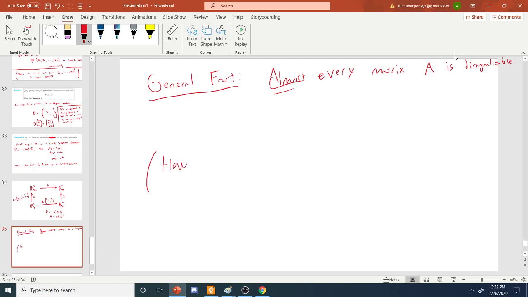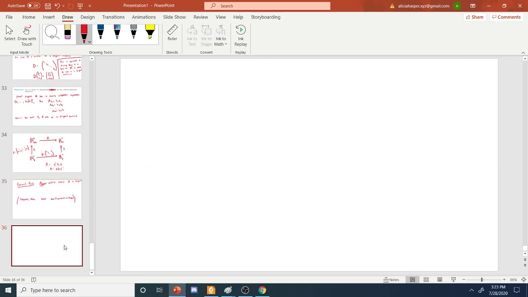So I guess I'll say this very explicitly. However, there exist non-diagonalizable matrices. Let me give you an example of something that's not diagonalizable. Suppose we take A to be the matrix 1, 1, 0, 1.